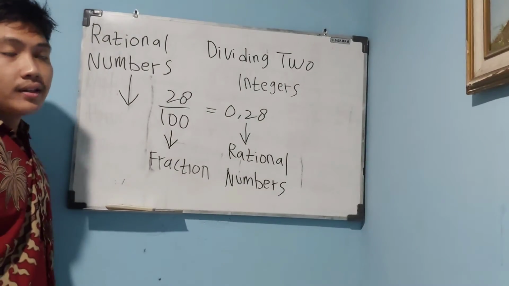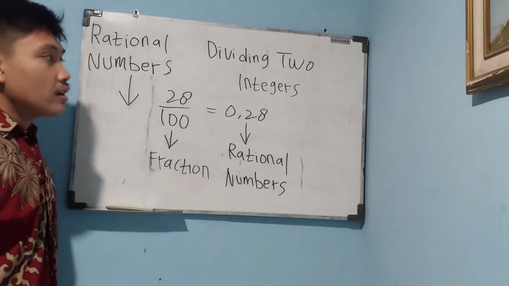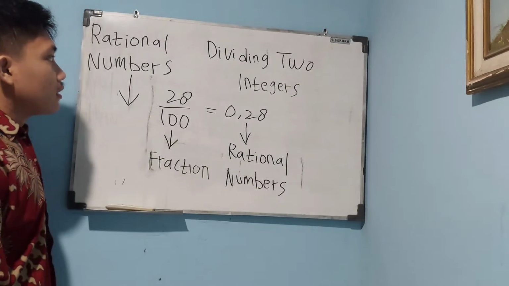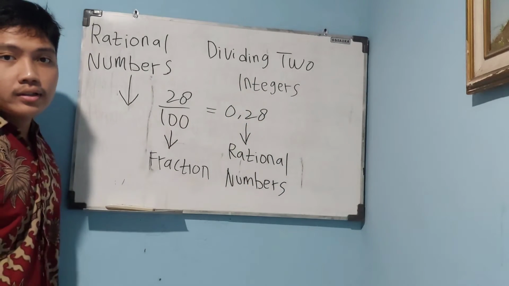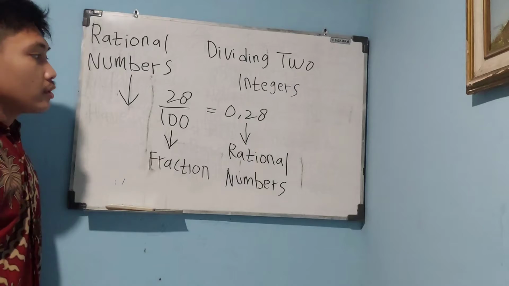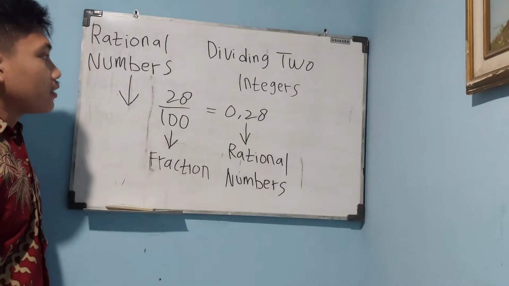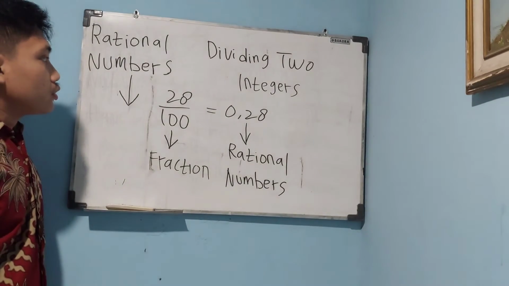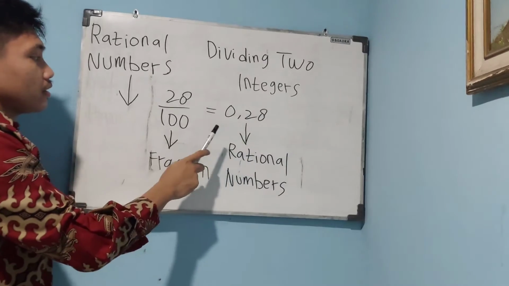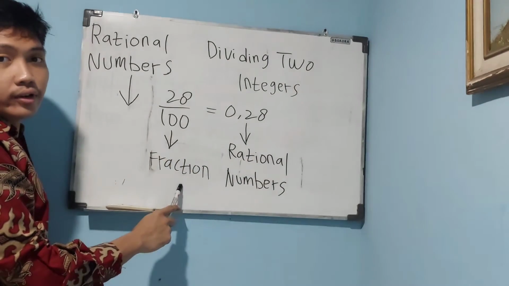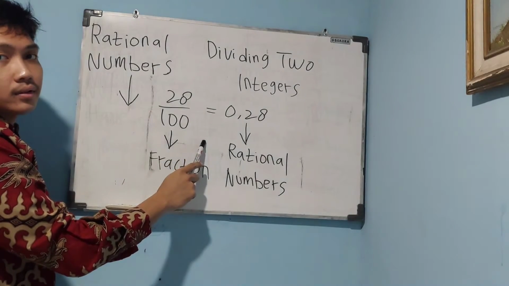So the fifth is rational numbers. In rational numbers, we can conclude that there is a division of two integers. I will tell you how to make a rational number, but before that we should have the two integers in a fraction. For example, 28/100, right?